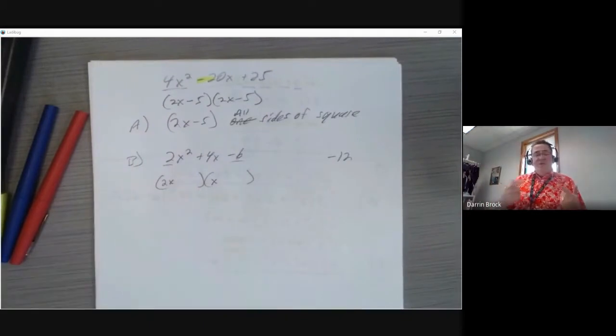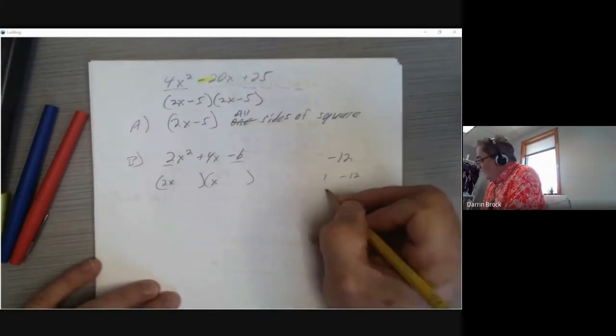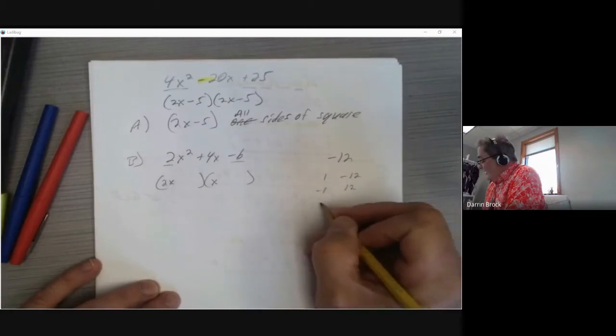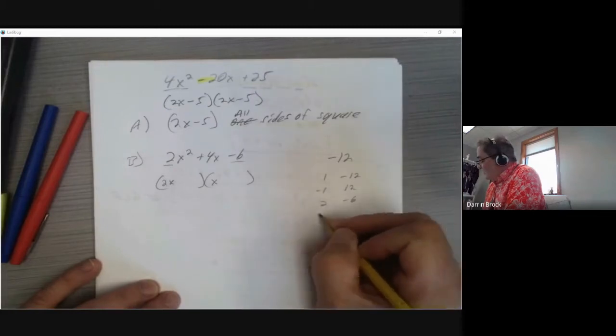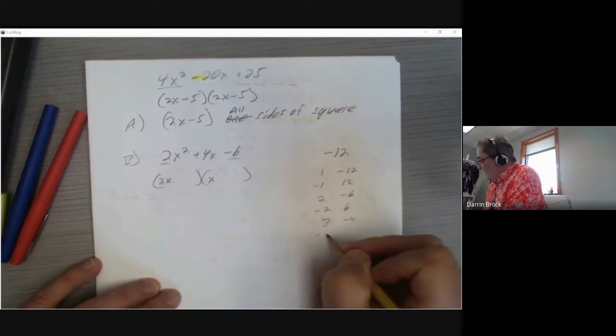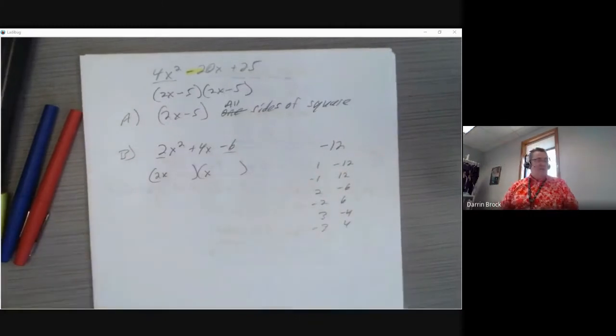What are all the different combinations that will get us to negative 12? Well, we can have 1 and negative 12, negative 1 and 12, 2 and negative 6, negative 2 and 6, 3 and negative 4, negative 3 and 4. And that should be it. That's all the different combinations that will get us a negative 12.